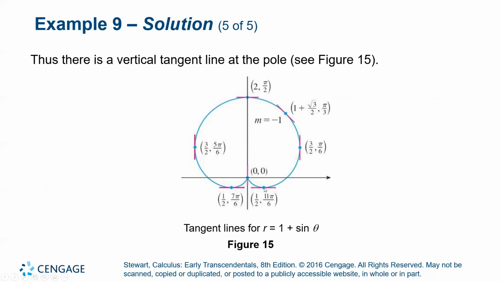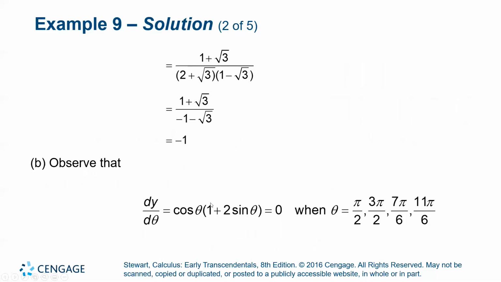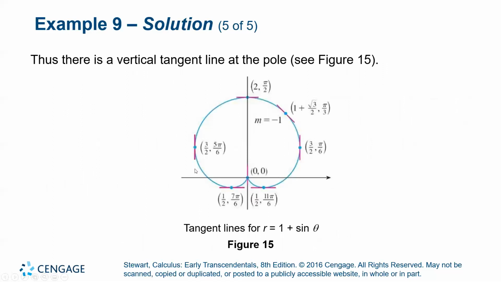So this final picture is showing everything we just found. Every place you see a horizontal pink line, that corresponded with our horizontal tangents from dy d theta. And everywhere you see a vertical pink line corresponds with our vertical tangents from dx d theta. And then on the top right here, you see the tangent we found when theta is pi over 3.